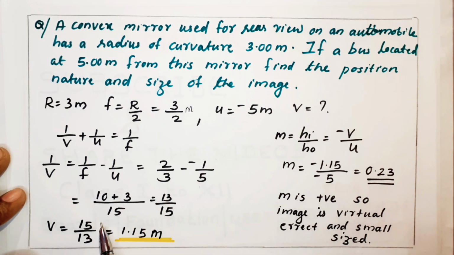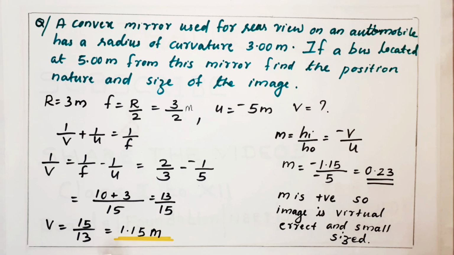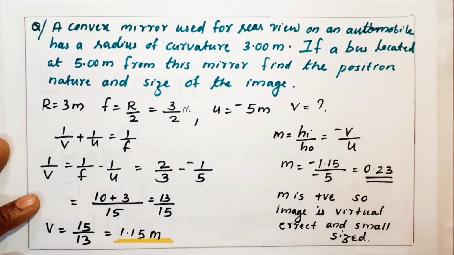LCM 15. 15 divided by 3 is 5, 5 into 2 is 10, plus 15 divided by 5 is 3, so 13 by 15, or V equals 15 by 13, that is equal to 1.15. See here I got V as positive, so it is understood it is a virtual image. Moreover, we have an idea that in a convex mirror the image formed is always virtual.